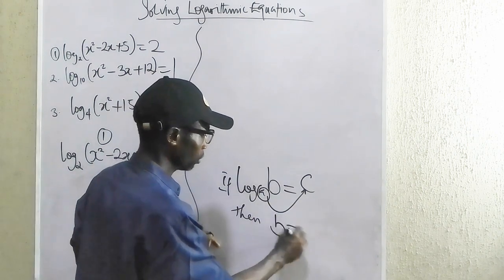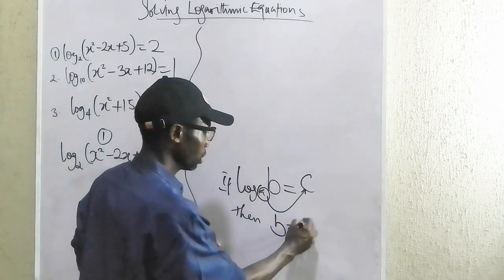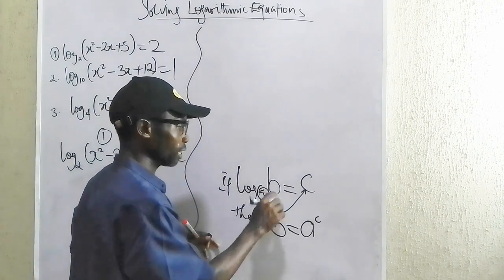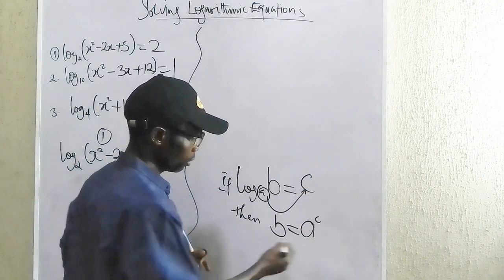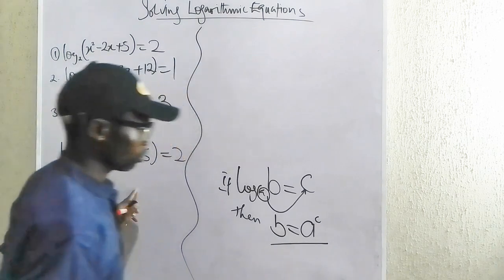So B is equal to A raised to the power C, like A pushes the C up.